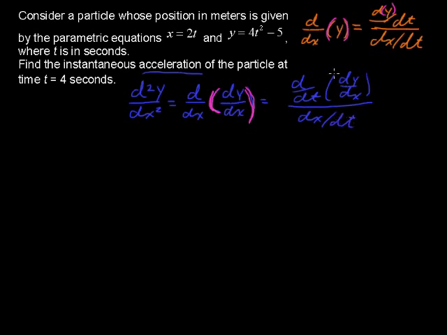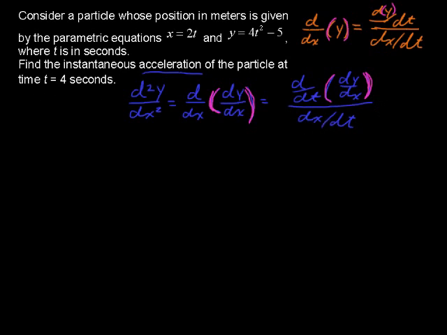I'll highlight this to show where that all follows. I've just substituted the dy dx in for the y. So it still follows that same rule. It's like we're doing the first derivative all over again, but we're just doing it again.